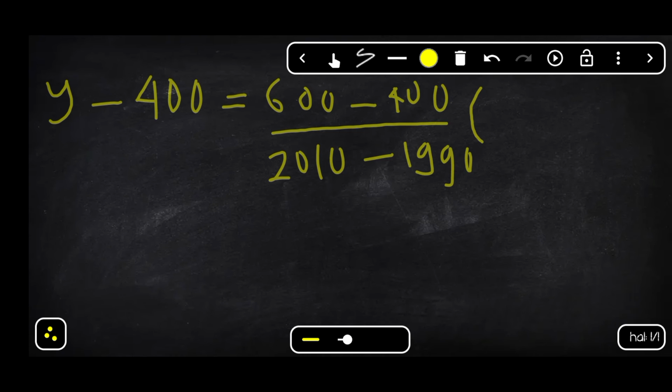The x is 2020 because we want to find how many women were employed in 2020.